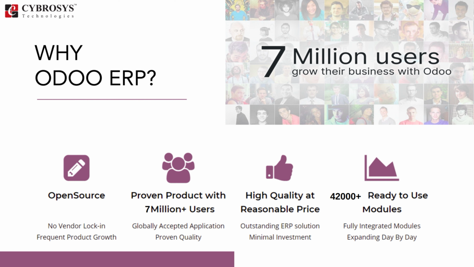Odoo is a large collection of business-related applications and modules like CRM, sales, e-commerce, warehouse management, purchase management, accounting, manufacturing, HRMS, etc. All these basic modules are collectively called Enterprise Resource Planning Software.